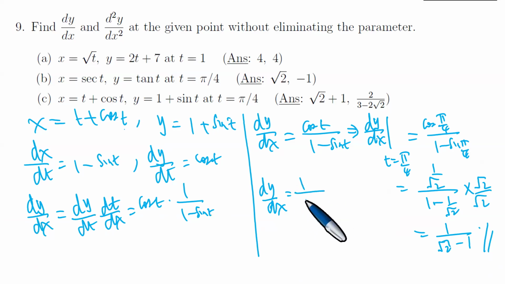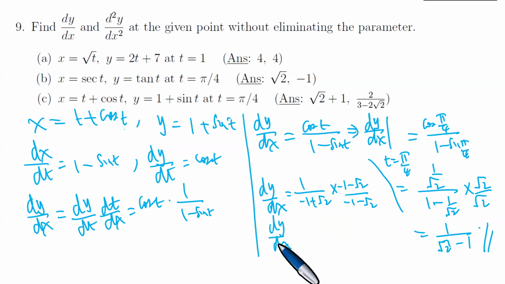So if you have 1 divided by minus 1 plus the square root of 2, you have minus 1 minus square root of 2 divided by minus 1 minus square root of 2, which means that dy dx is minus 1 minus square root of 2 divided by 1 minus 2, which is minus 1 minus square root of 2 divided by minus 1, and this is the square root of 2 plus 1.